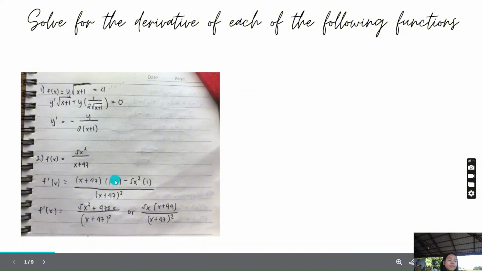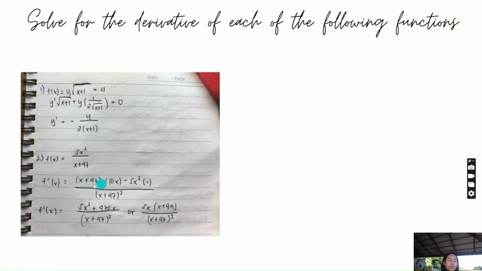By the way, if you are confused with the formula here, this is actually v du minus u dv all over x plus 47 squared. That is why we obtain this process.